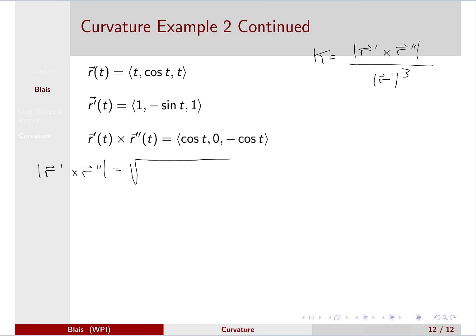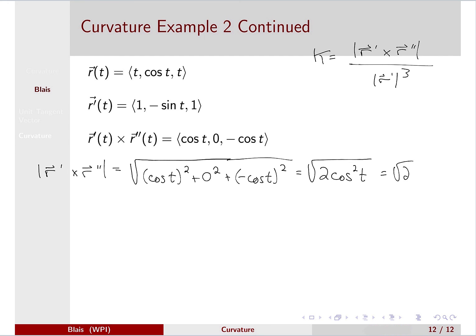So we have the square root of cosine of t squared plus 0 squared plus minus cosine of t squared, which will be the square root of 2 cosine squared t, which will be root 2 times the absolute value of cosine of t.